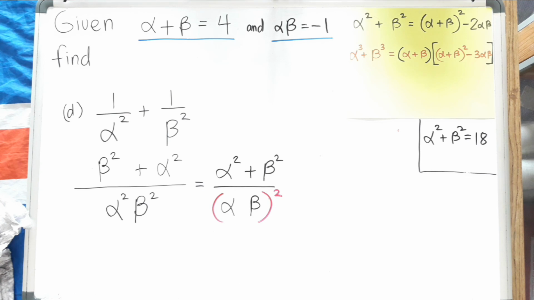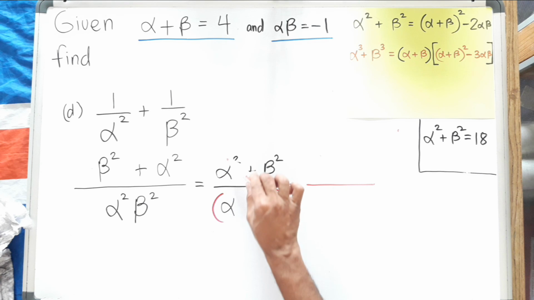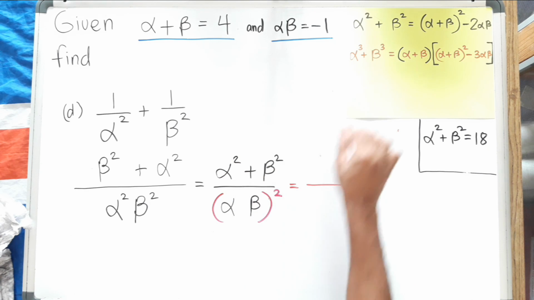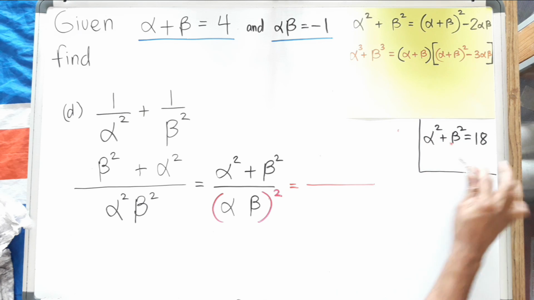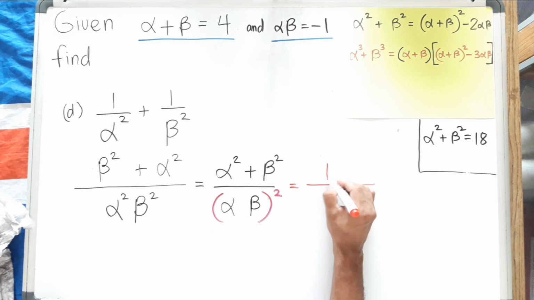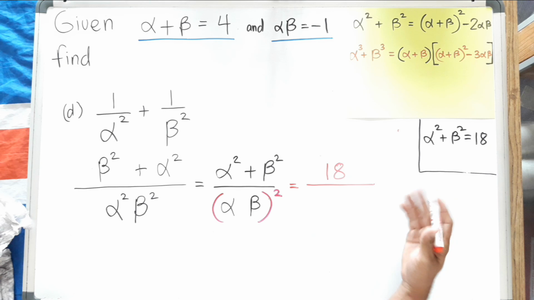Okay? Right. So, remember I held this answer from the last question. The reason I wanted to do that was to save time. If I had to find alpha squared plus beta squared, I would have to throw it into this formula and work this out. But we know from the last question, if we do that, we will get 18. I just didn't want to rework it. I was being lazy.